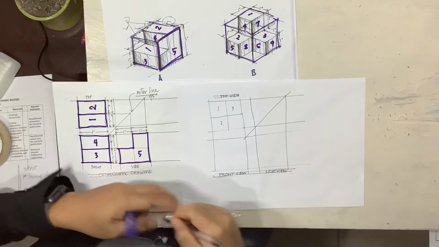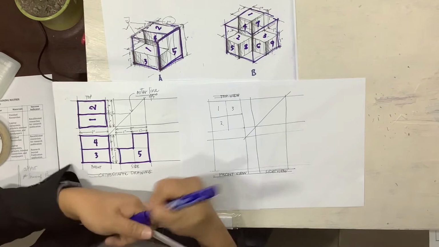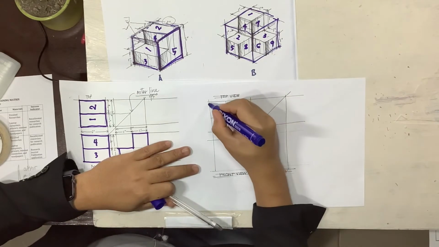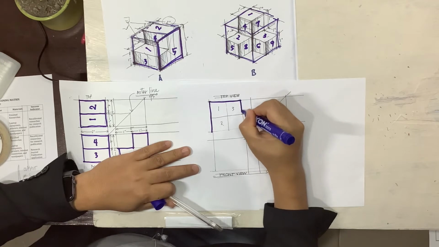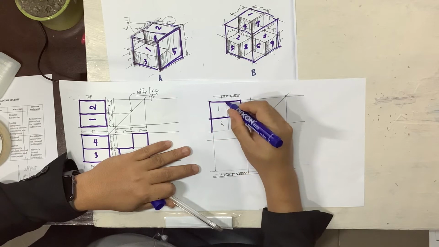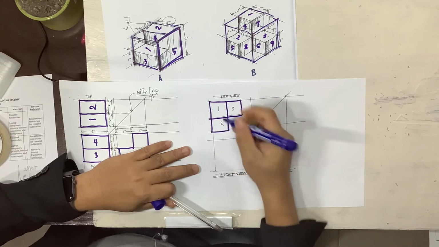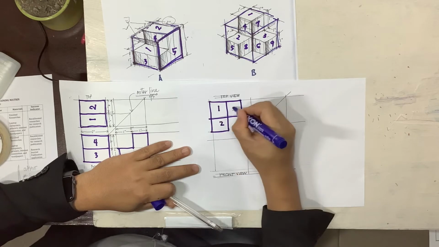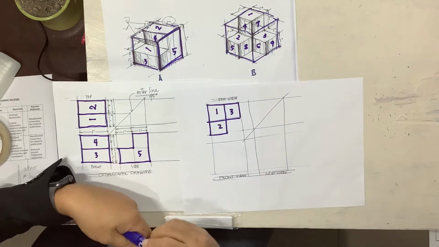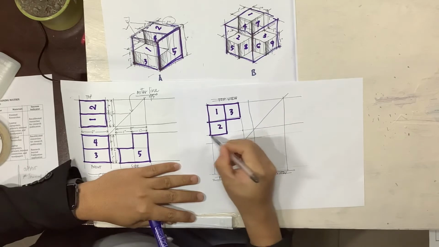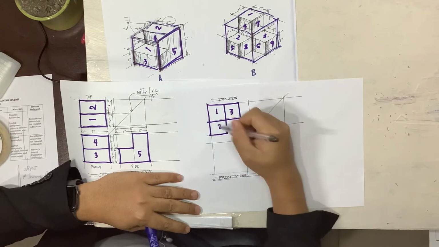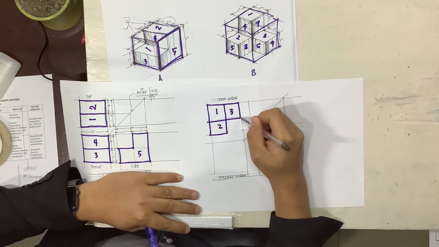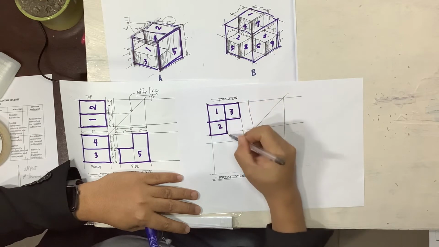Okay, so for our top view again, let's try to go back. So this becomes your top view. This 1, 2, and 3. Okay, so again, if ever that there are parts within the box or the plane that needs to be extended, we need to extend that.